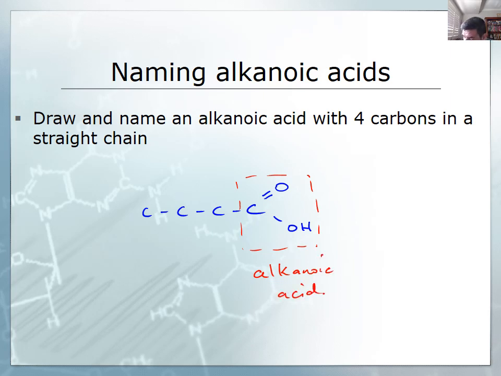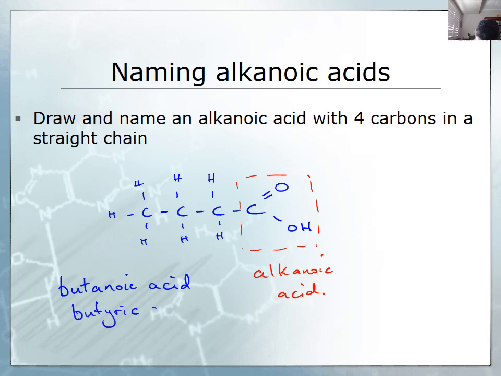The rest, of course, is just going to be, as before, hydrogens, making sure that we have 4 bonds around each of our carbons. And because this is 4 carbons, 4 is but, so this is butanoic acid, also known as butyric acid, and it has a very strong aroma.